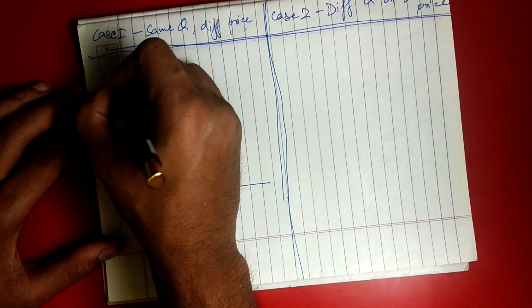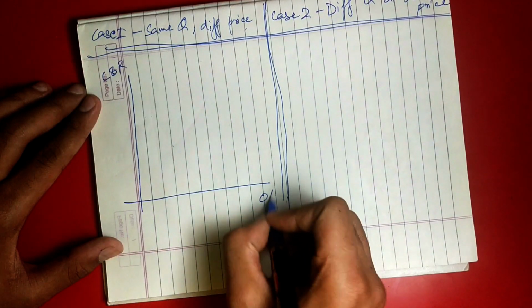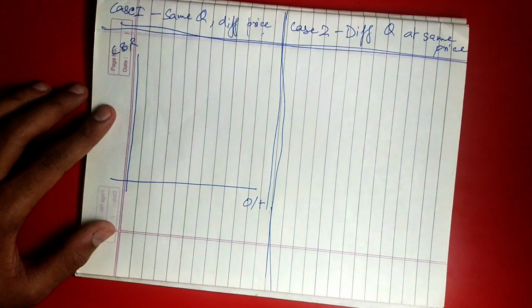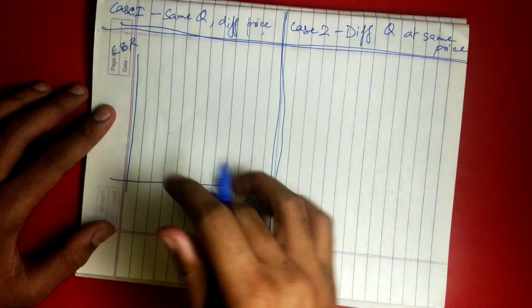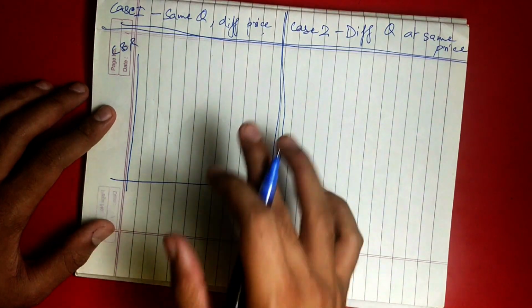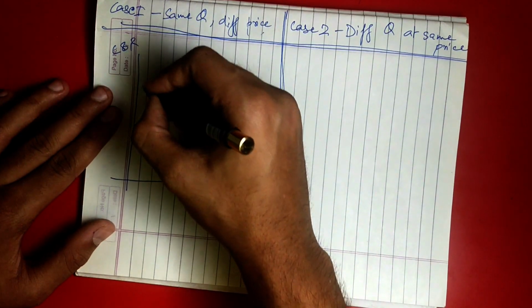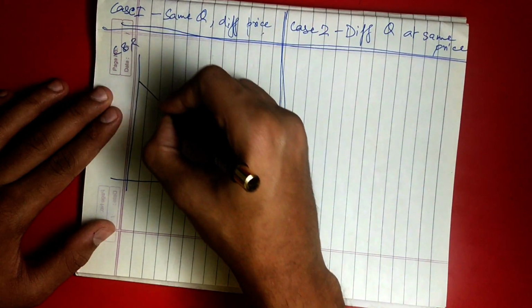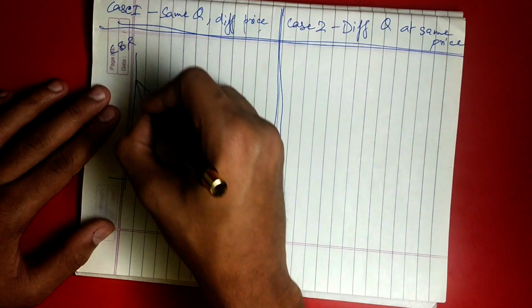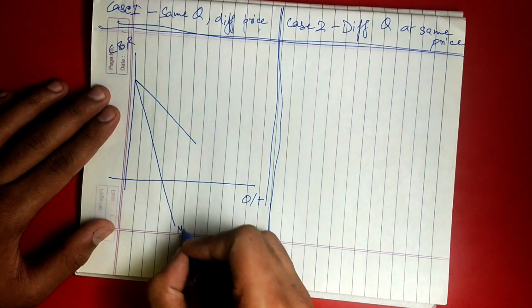So here cost and revenue, here output. I am taking the demand curves of two consumers, right? First is this AR1, MR1.